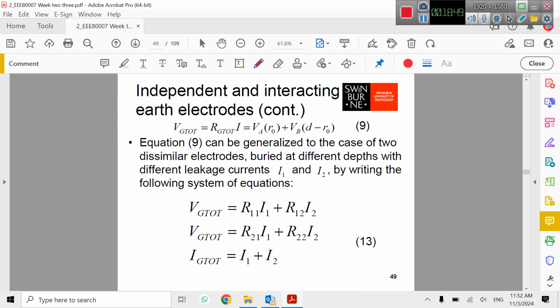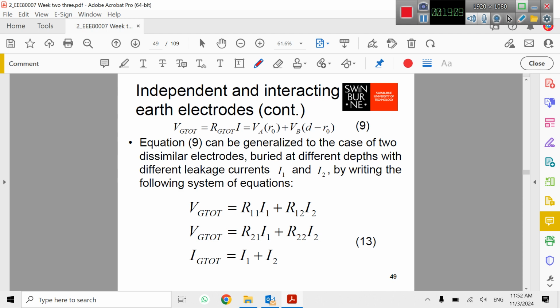I1 here is assigned to it. Maybe we have two different values of voltages, meaning the current is not divided in the same way. We have different electrodes, different grounding, everything is different.